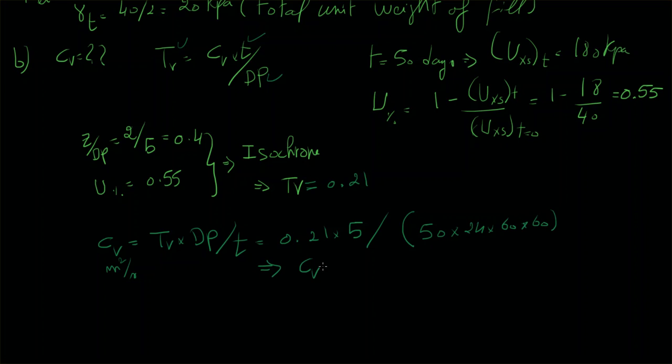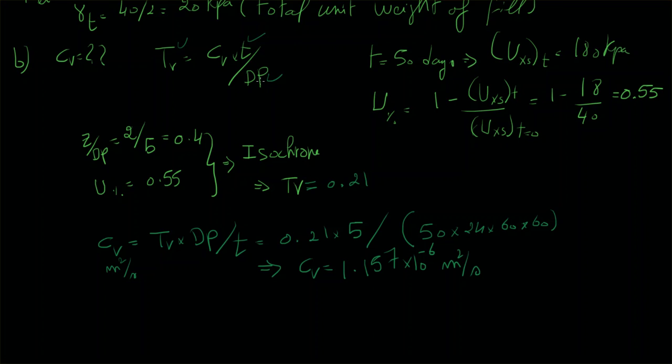Therefore, my CV is about 1.157 times 10 to the power minus 6 meters squared per second.